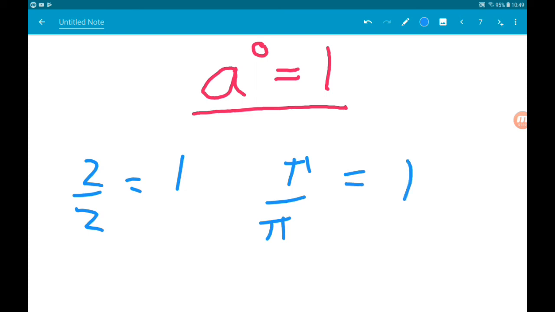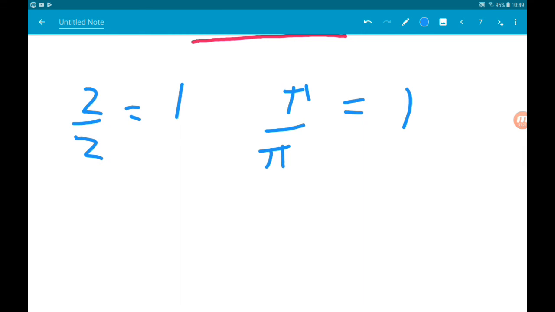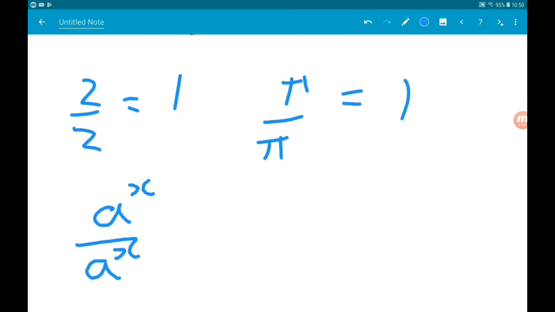Let's generalise this and do a to the power of x divided by a to the power of x. So that's some number divided by itself. Now we know that that then has to equal 1.